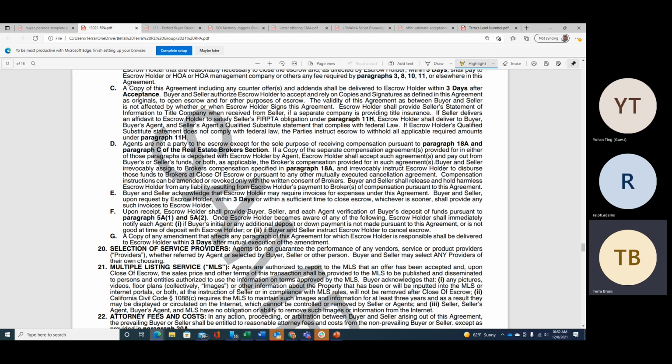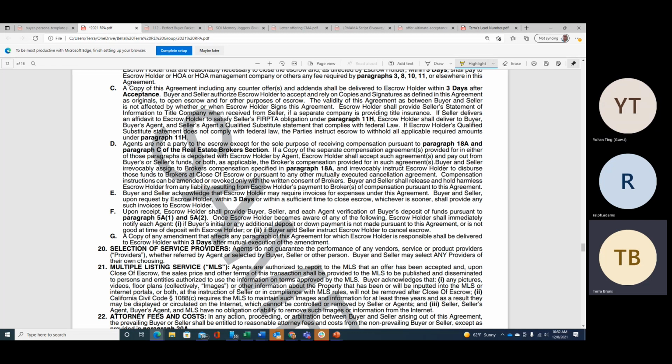Upon receipt, escrow holder shall provide buyer, seller, and each agent verification of buyer's deposit of funds pursuant to paragraph 5A1 and 5A2. Once escrow holder becomes aware of any of the following, escrow holder shall immediately notify each agent.